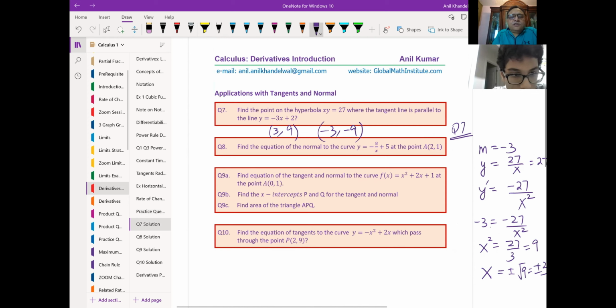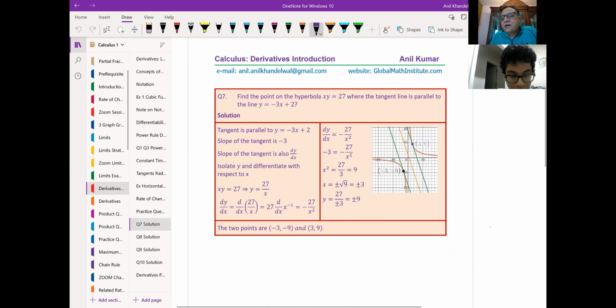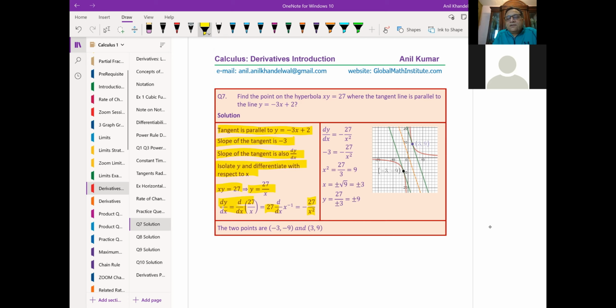Correct. So the solution which we just did is shown here with the help of the diagram. Let's go through this solution once. The tangent is parallel to this line, which means the slope of the tangent is minus 3. The slope of the tangent is dy/dx, or the derivative. Let us isolate y from the equation: y equals 27 over x, and dy/dx will be 27 over x squared with a negative sign.